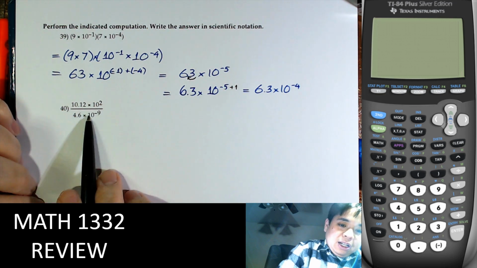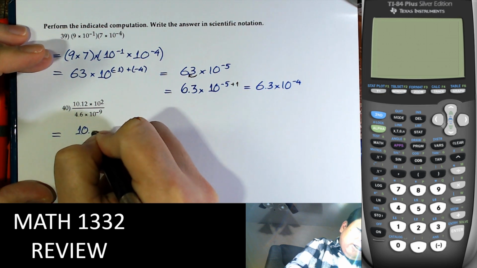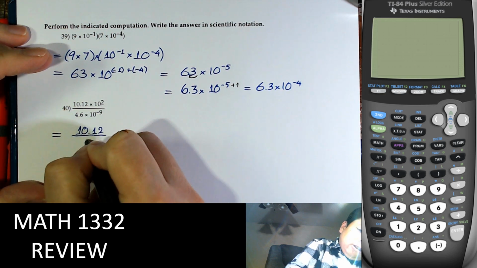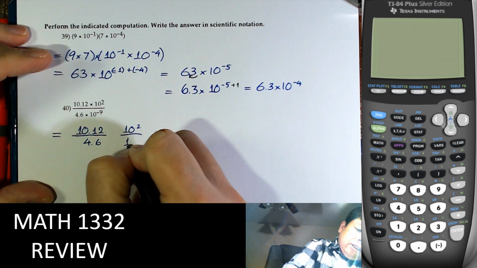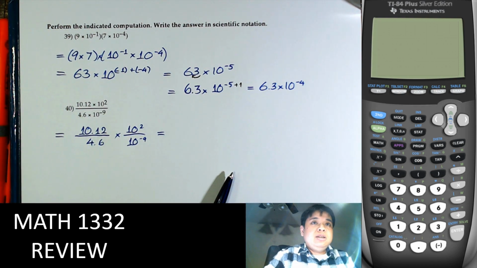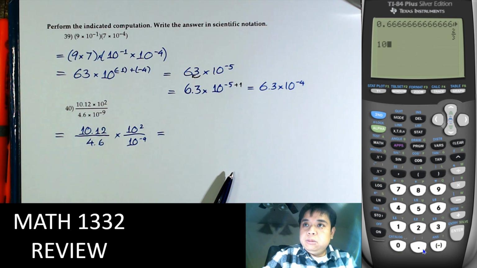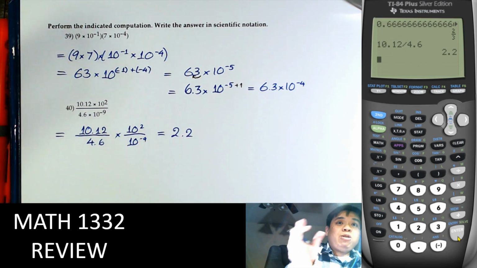Right. Next we have this one. Same thing, we just work with the number first, and then work with the power of 10. Right. Now we divide the numbers. That gives .2, which is perfect for scientific notation.